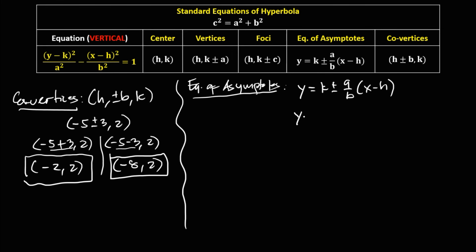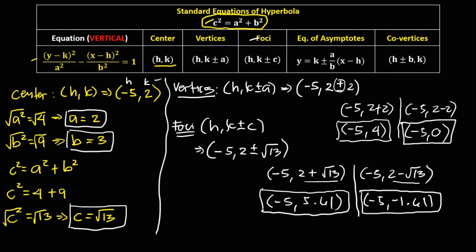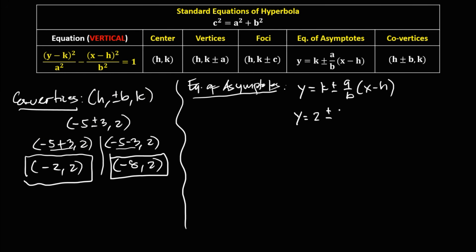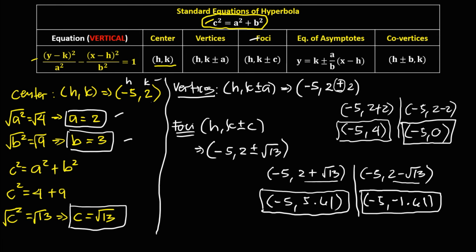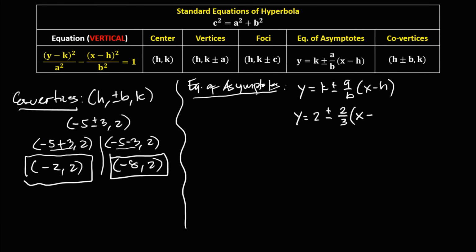So we have y equals k, which is positive 2, plus minus a over b. So a is positive 2, b is 3. So this is 2 over 3, then times x minus h, and h is negative 5.